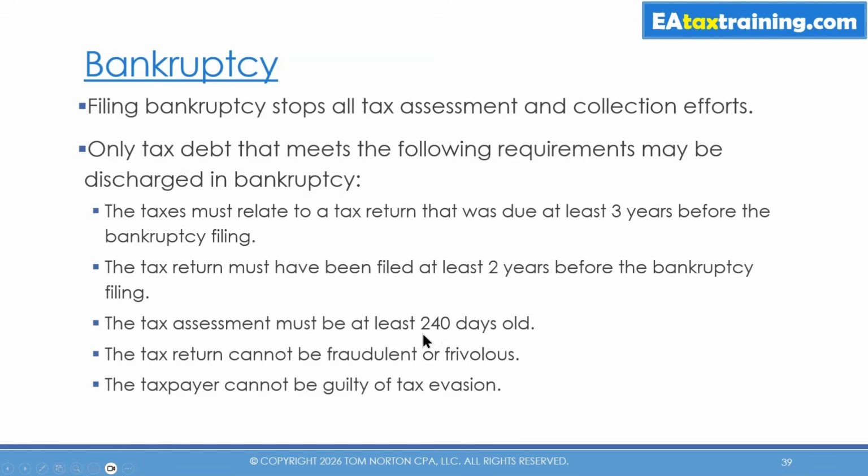Therefore, even though it relates to a 2020 tax return, that assessed amount from December would not be able to be discharged in bankruptcy. Now, maybe they owed amounts from 2020 with the tax return that they filed, and they haven't paid it yet. That amount could be discharged. But the amount from the audit, from the assessment that the IRS did in December of 2024, that amount would not be able to be discharged.